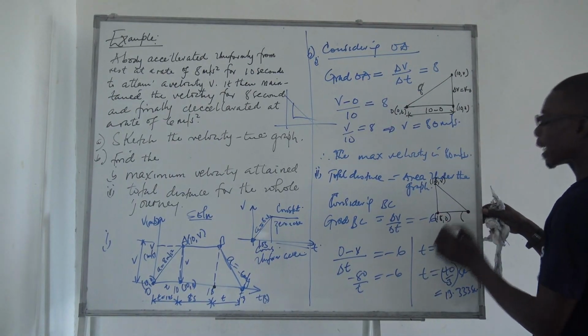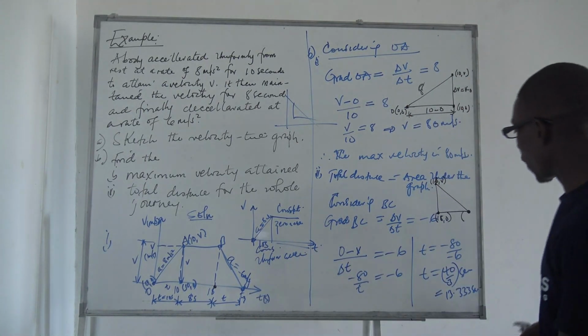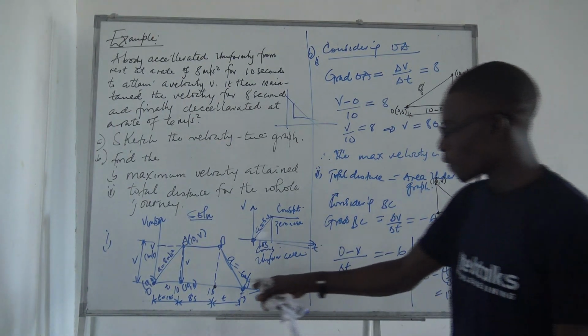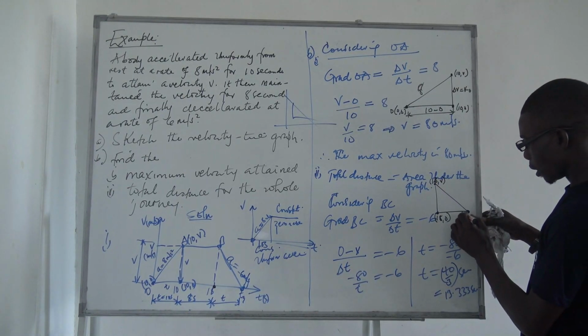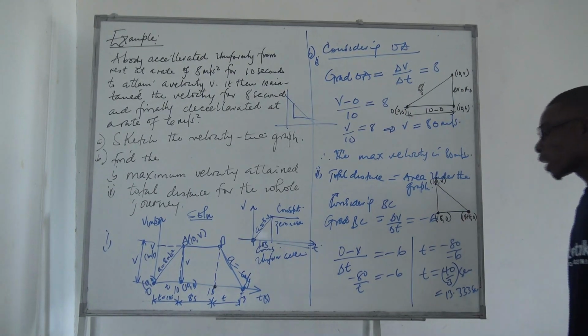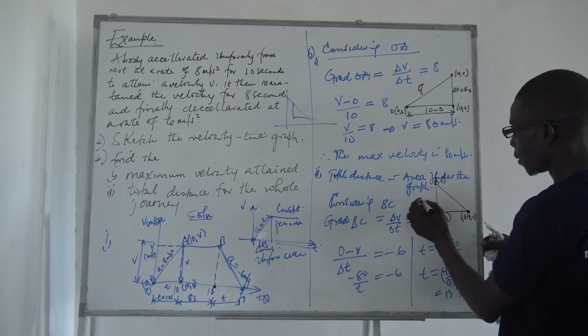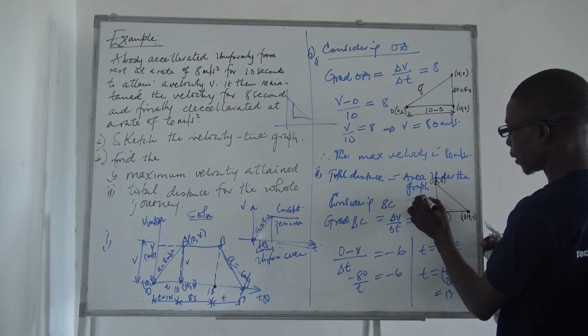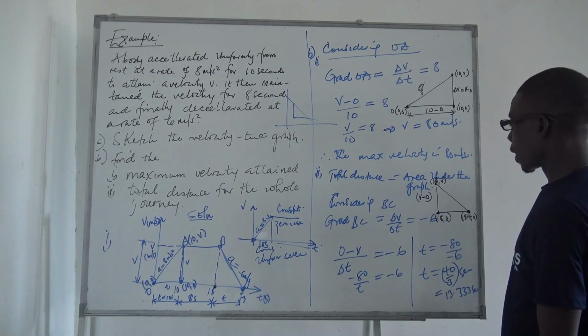And then here I can have 18 plus t and 0. So when I'm looking at the gradient, I can look at the change here, V minus 0.